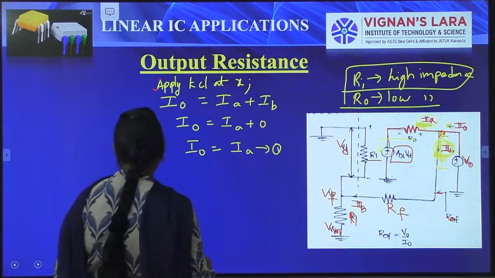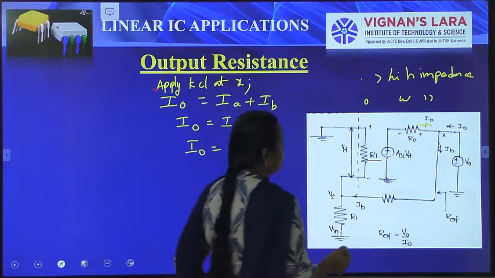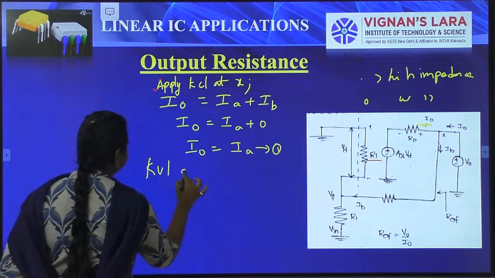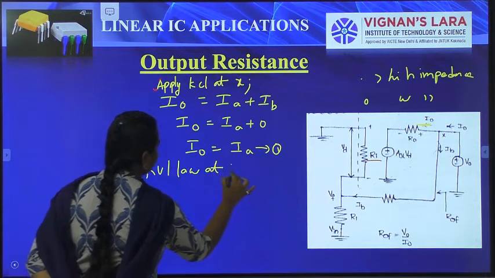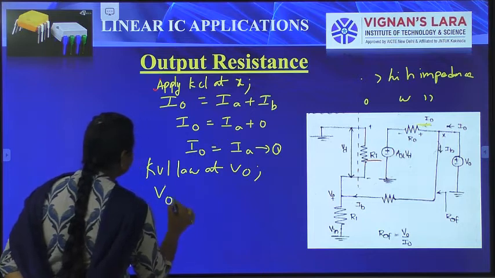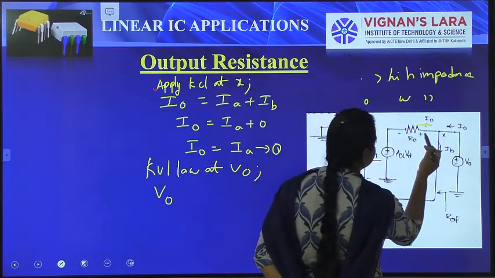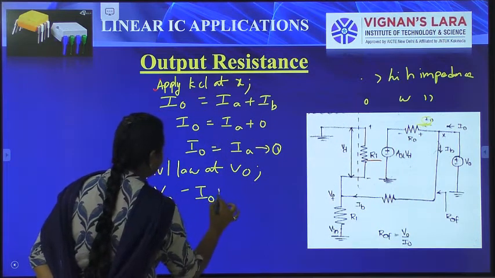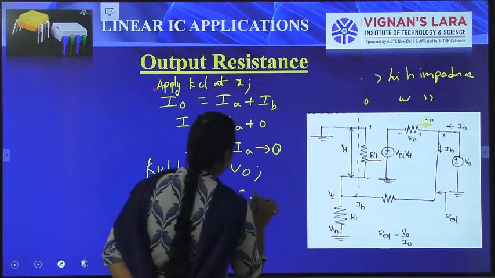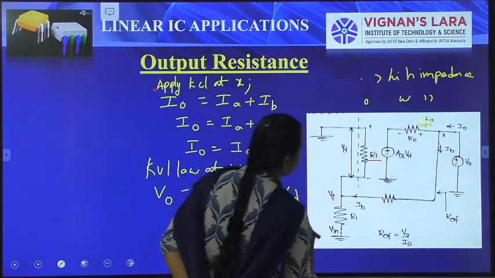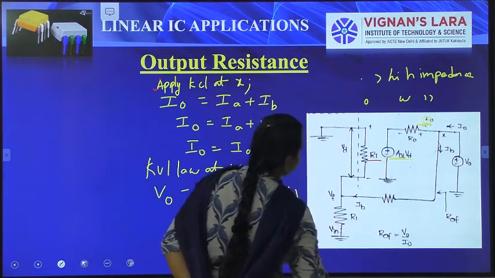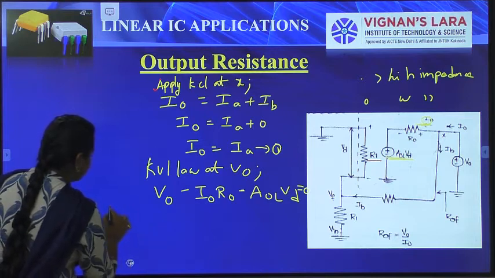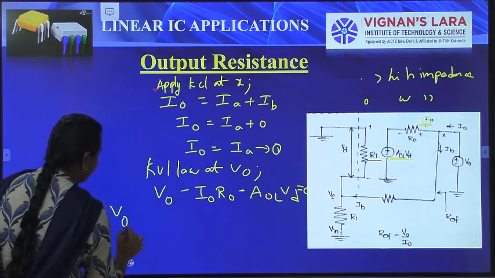Now apply the KVL law at V0. Applying KVL, we get V0 minus I0 R0 minus AOL VD equals 0.